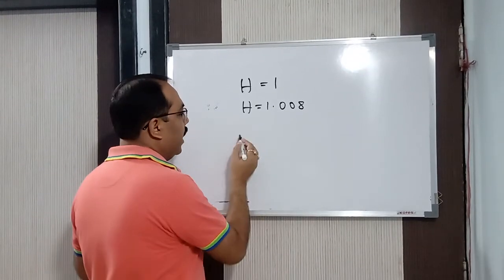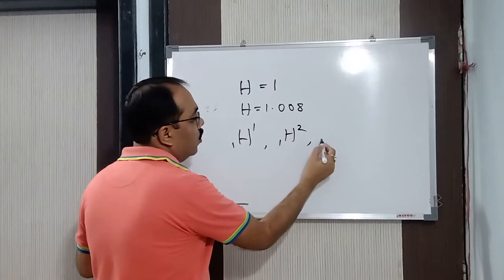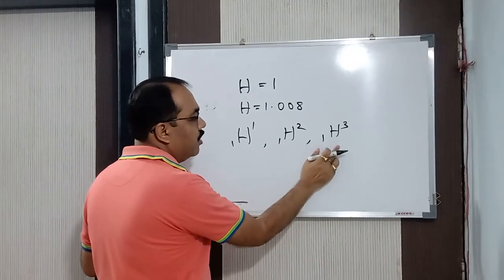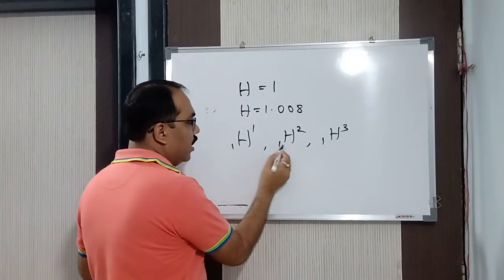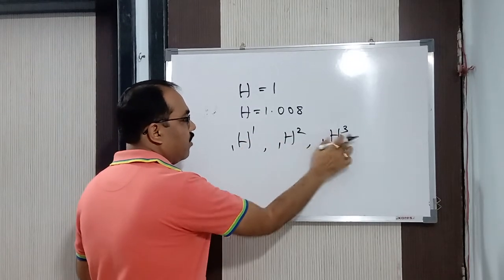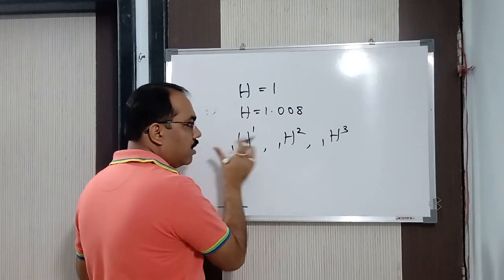For example, hydrogen has 3 isotopes, 1H1, 1H2, 1H3. These are protium, deuterium and tritium. You can see the atomic number is the same, but the mass number is different here. Why is it different? Because the number of neutrons is different in these cases. So these are known as isotopes.